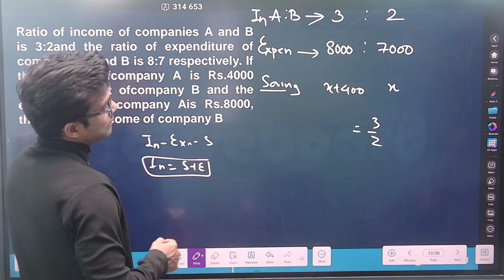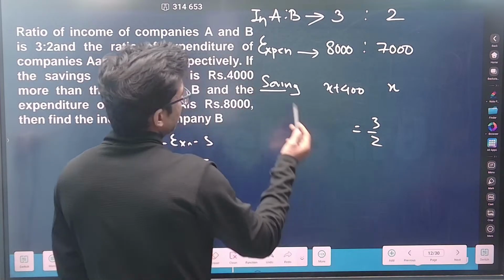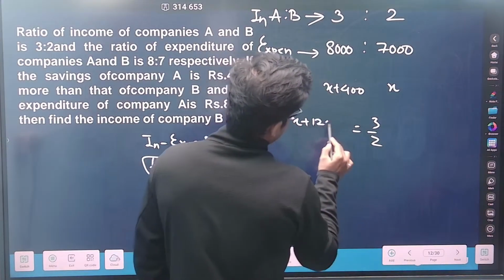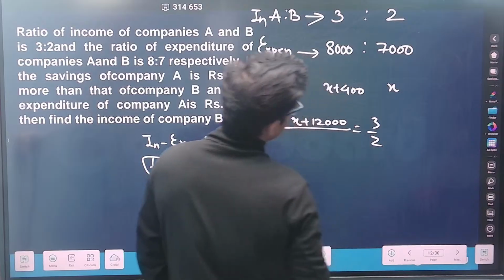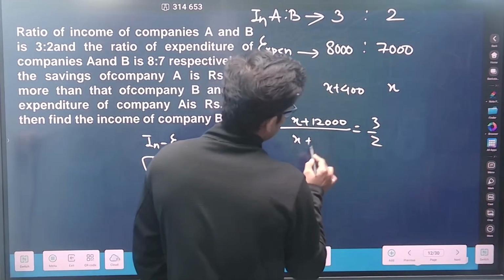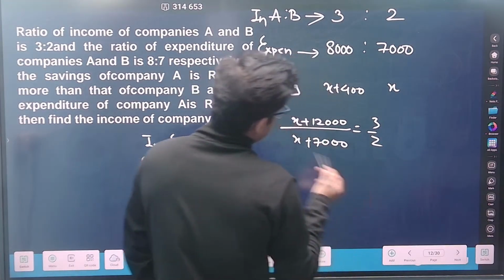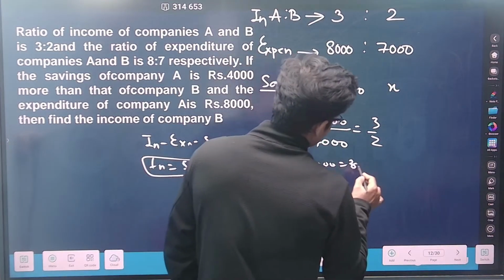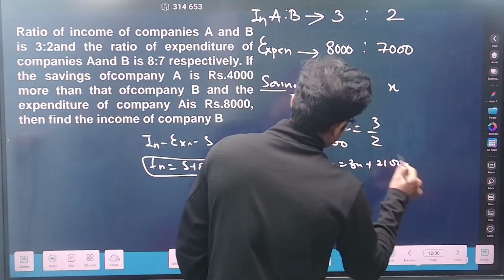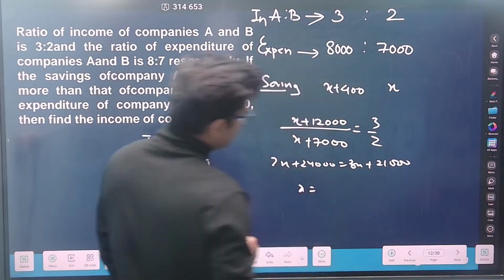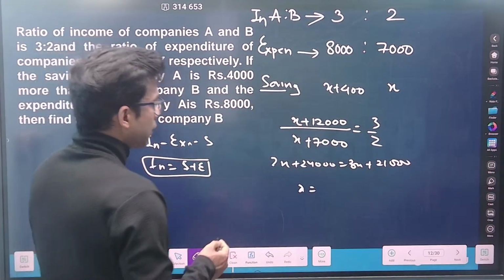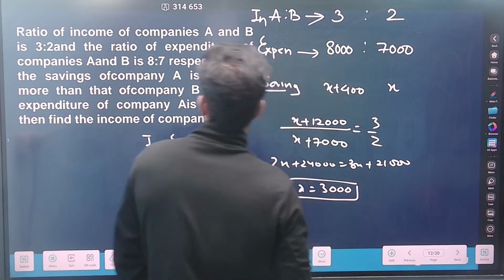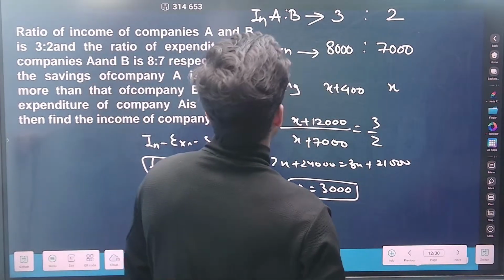If it is saving plus expenditure, then it is 8,000 plus X plus 12,000 divided by X plus 7,000. So 2x plus 24,000 is equal to 3x plus 21,000. X equals 3,000. Correct.